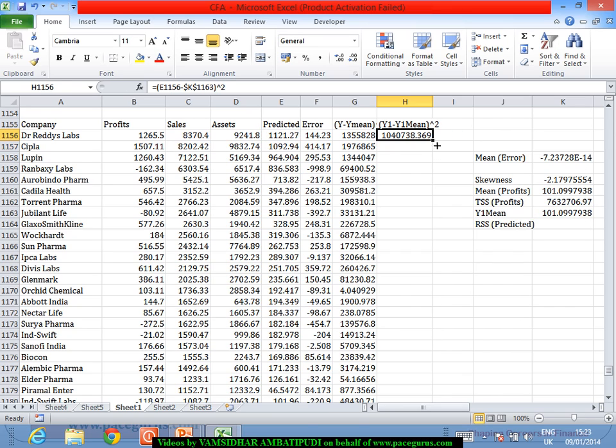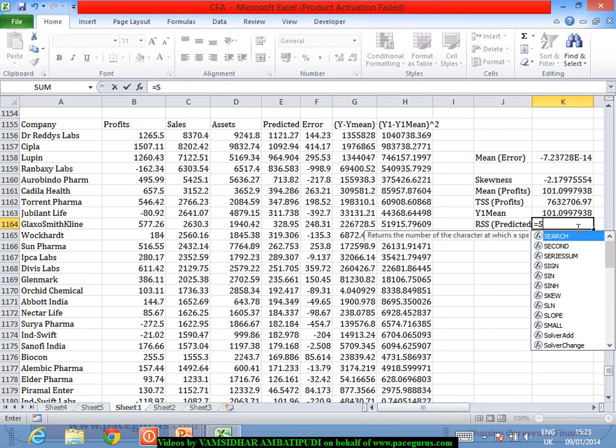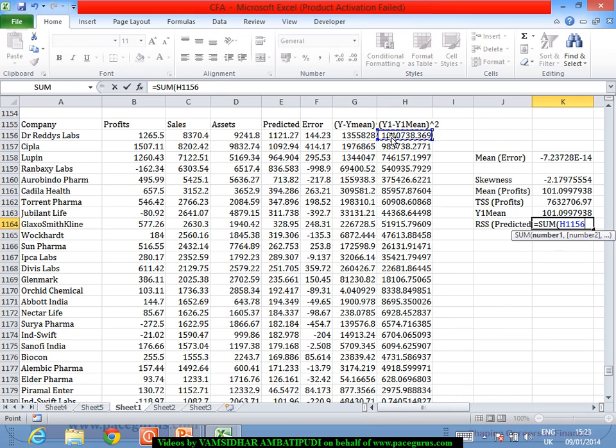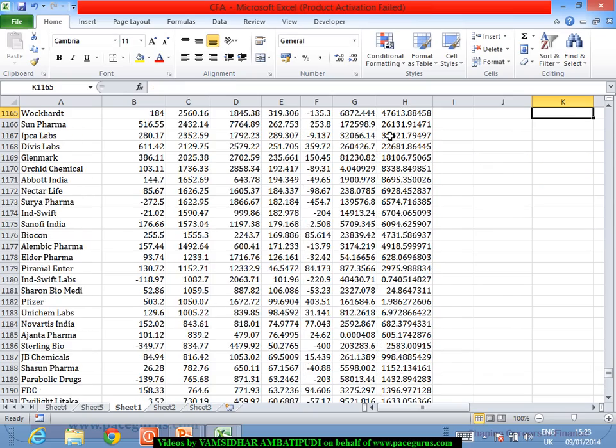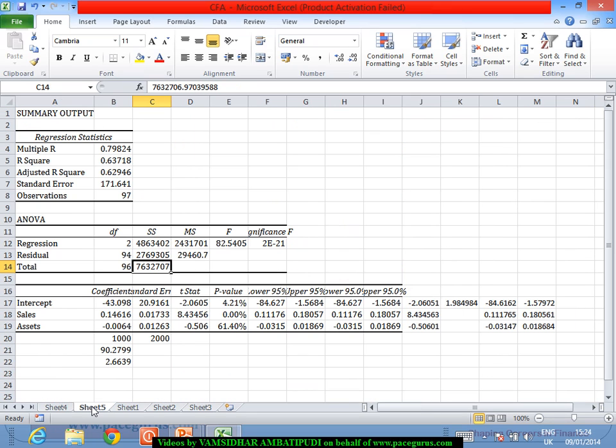So this is y1 minus y1 mean squared, and the regression sum of squares is the summation of these numbers, which comes out to 4.86 million.